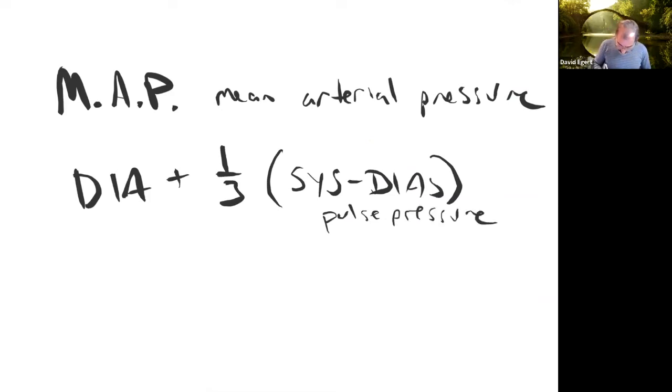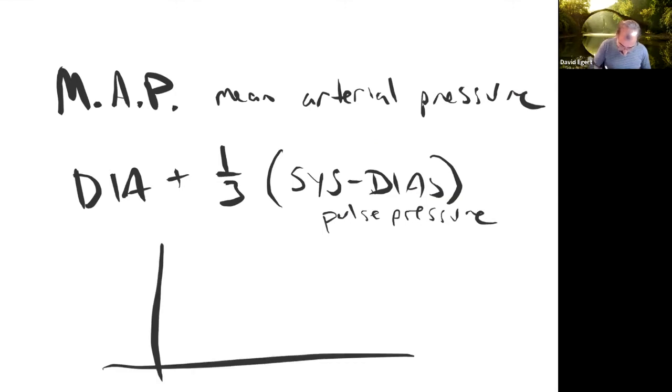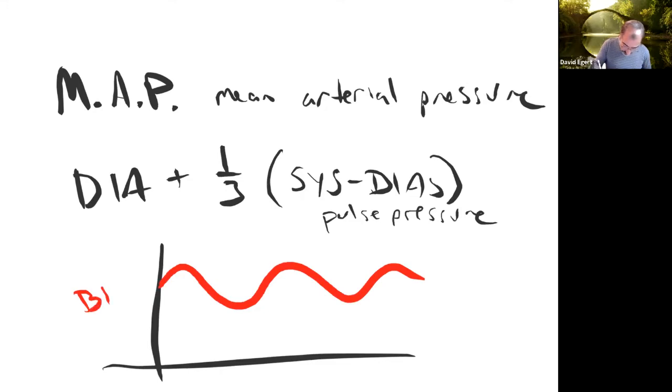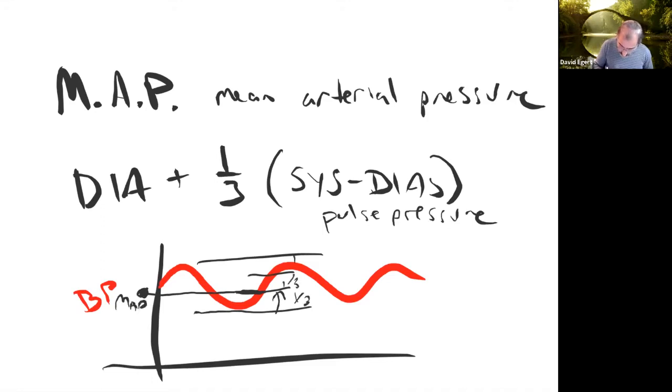So if you think about it in terms of what I was just drawing here, the blood pressure is going up and down. It's basically this level, right? It's basically 1/3 of the pulse pressure up above the diastolic.